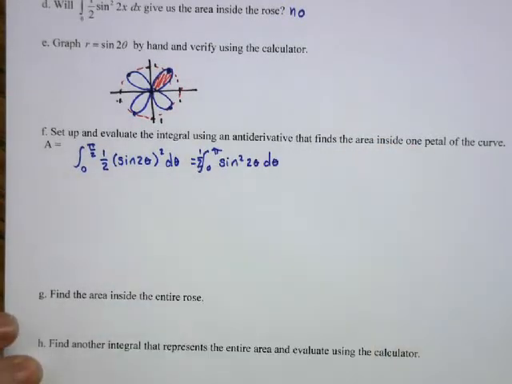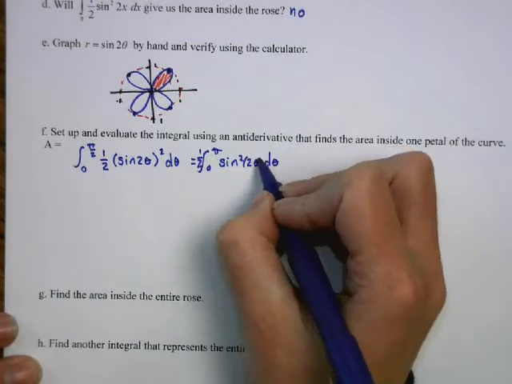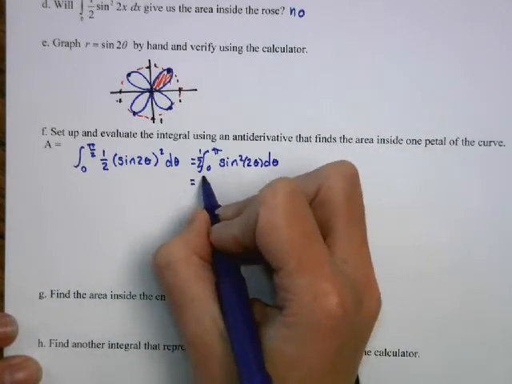Okay, so I am again going to have to do the double angle substitution for this sine squared.